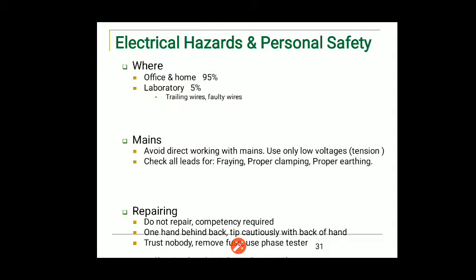During repairing and maintenance we cannot trust anybody, so we remove the fuse, and although we can also use insulation and protection, it is still not completely safe. So use proper safety and protection during electrical repairing and maintenance work.